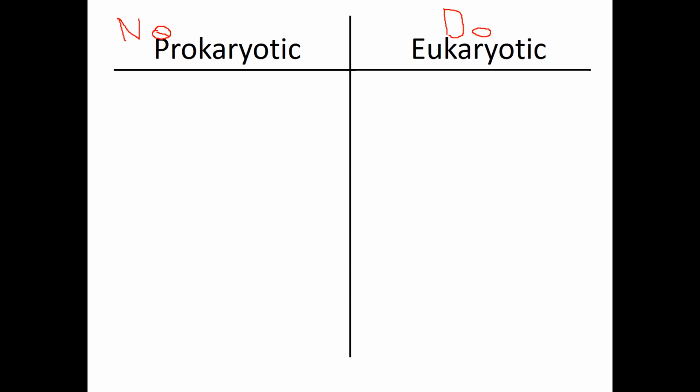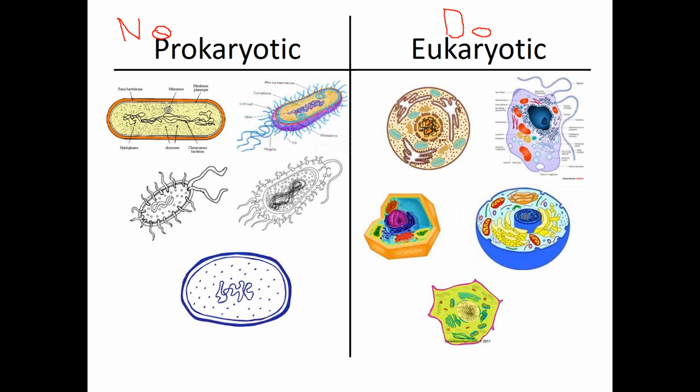So pause and go ahead and sort through your cards. And here are your answers. Again, prokaryotic has the DNA just kind of thrown into the cytoplasm, while eukaryotic has that nucleus where the DNA is inside.